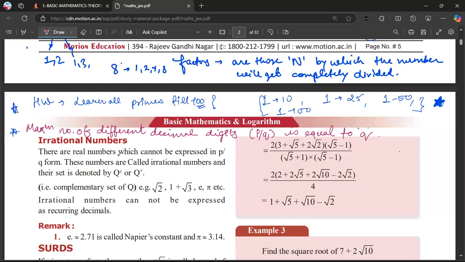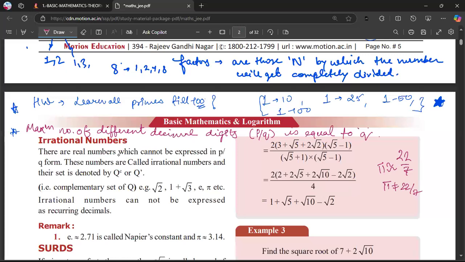Let's say 22 by 7, and mind it, 22 by 7 is not pi. It is approximately equal to pi, not exactly equal to pi. Pi is an irrational number; it just doesn't end. So if we take 22 by 7, it is a rational number because 22 and 7 are integers and 7 is not 0.